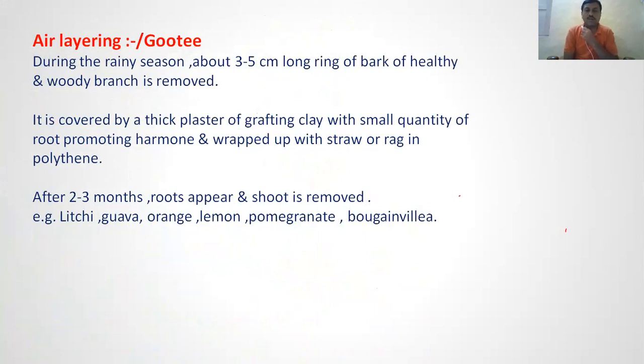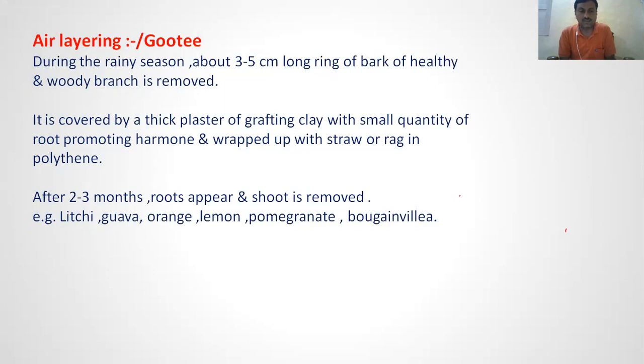It is covered by a thick plaster of grafting clay with a small quantity of root-promoting hormones and wrapped up with straw or rag in polythene as the upper layers.